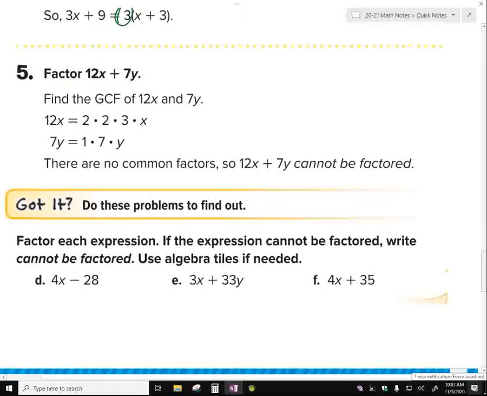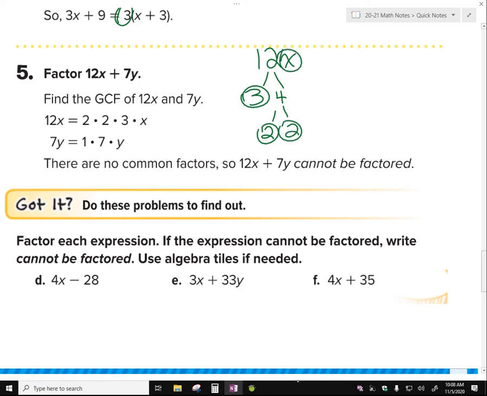Factor 12x and 7y. Once again, they factored 12x, and that's how they got 2 times 2 times 3 times x. And 7y is 1 times 7 times y. That's the only time you're going to see the number 1 factored out.